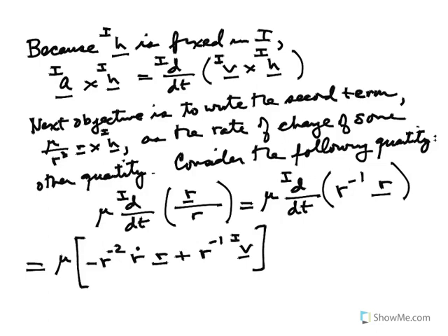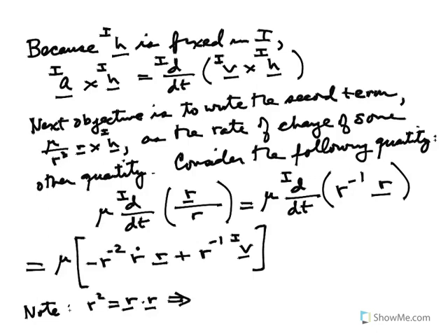But we have to notice something about this r dot, because this is going to simplify tremendously. We note the following: r squared is equal to r dotted with r.